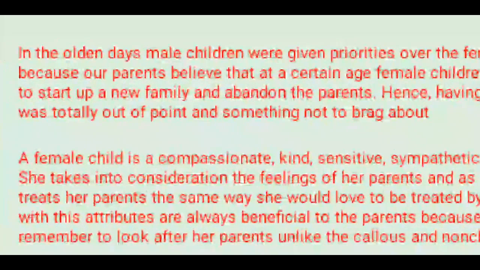So in the second paragraph, we see that the writer has pointed out the reason why the majority of people seem to believe more in the male child, because they feel that at some point the female child will get married and abandon the parents.